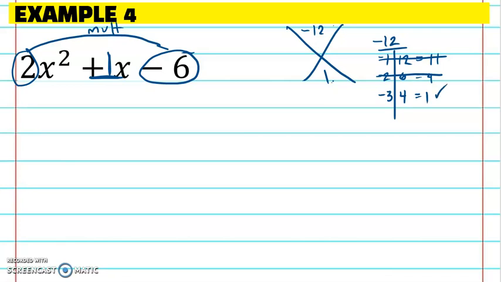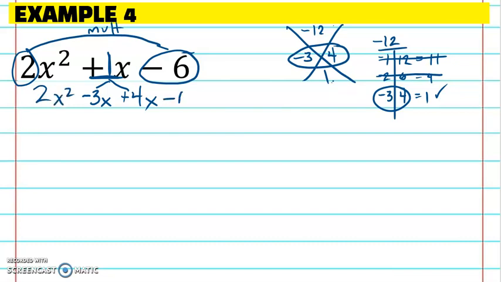Hey! Okay, so negative 3 and 4 makes this work. So that's how we're going to break apart the 1x. We're going to have negative 3x plus 4x. Same thing, because 4x minus 3x is 1x. We're just using it to help us factor.